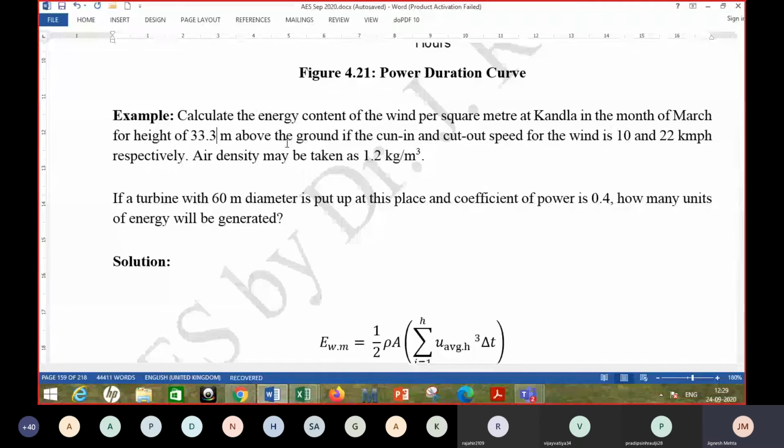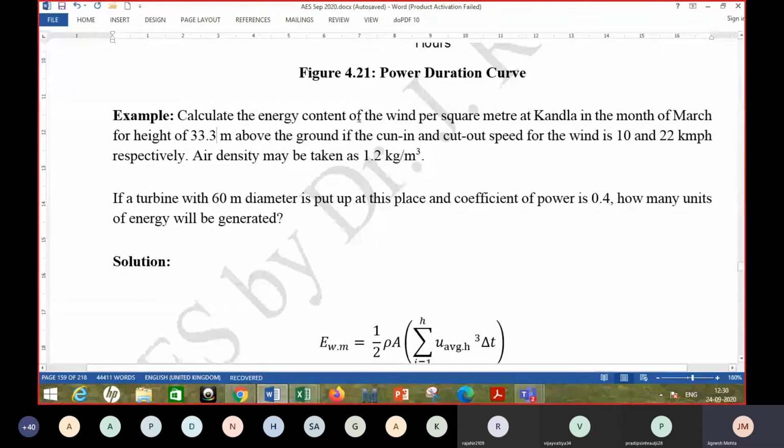So you are going to consider it 1 kilometer per hour, and the number is 2.6. So 2.6 by 100 into 744. So for that many hours, the velocity was between 0 to 2. What we will take is that the velocity was 1 kilometer per hour for this 2.6 percentage of the time for the month of March.